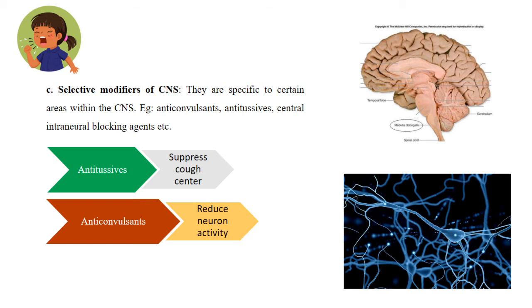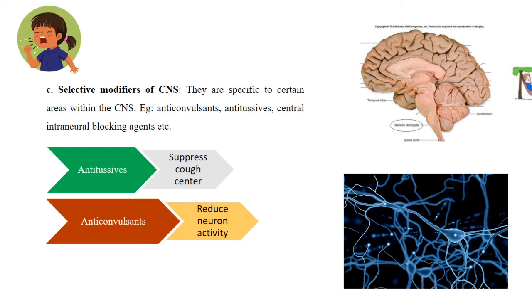So anticonvulsants will reduce this neuron activity so that it will remain in peace. Okay, that is about the selective modifiers. They will selectively modify a particular area in our central nervous system, so that its action can be imparted. It will not act as a whole. It will control only a particular area.